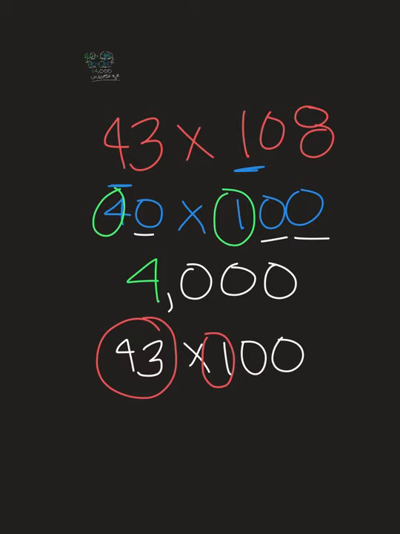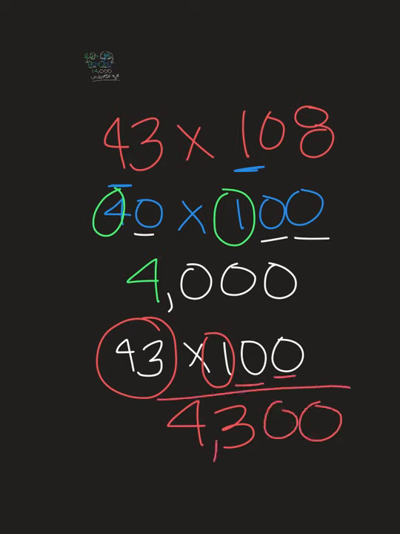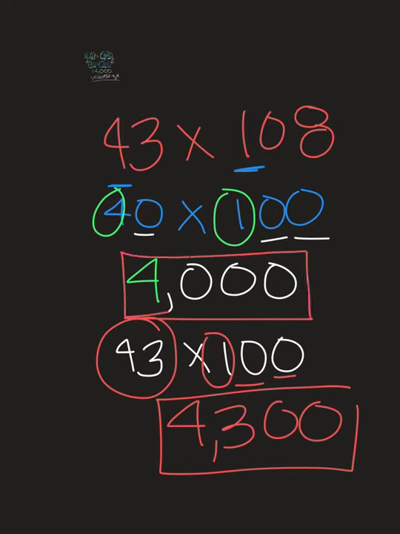Because those are the non-zeros. So 43 times 1 is 43, and then we add 2 zeros, 1, 2, and that's 4,300, which is relatively close to 4,000. So you could have used 40 as rounded or kept it 43. But when you multiply it with zeros, it gets pretty easy. It's actually fun. I like counting zeros for some reason.